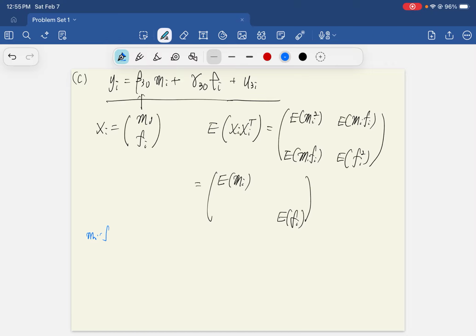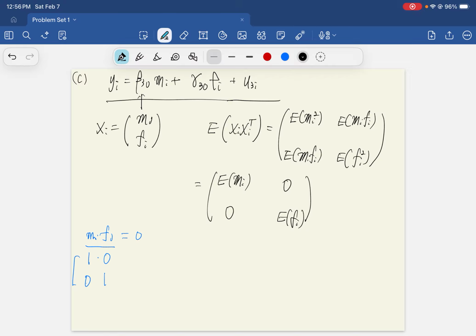Then m times f_i. There are only two possible cases for this random variable: when m is 1 and when m is 0. When m is 1, f is 0. When m is 0, then f is 1. Either case, it's always 0, right? At least one of them should be 0 all the time. So the off-diagonal terms are 0.